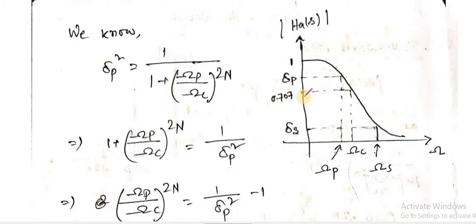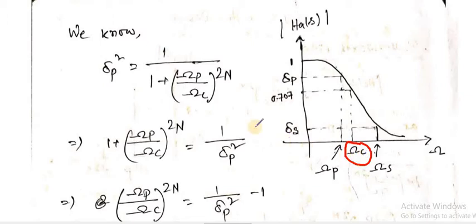So the cutoff frequency is a particular frequency where the gain will be 1 by root 2 times its maximum gain. 1 by root 2 means 0.707 times its maximum gain. This frequency is designated as omega c, where c stands for cutoff.